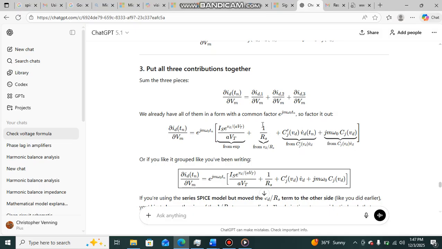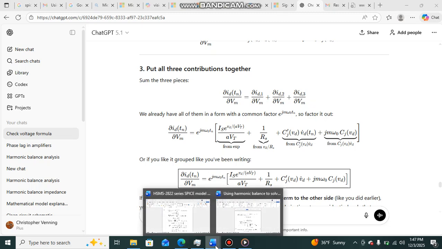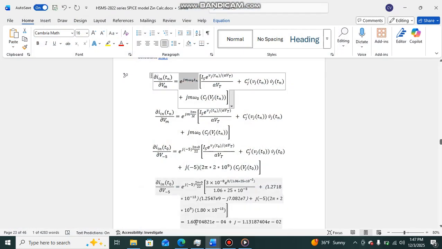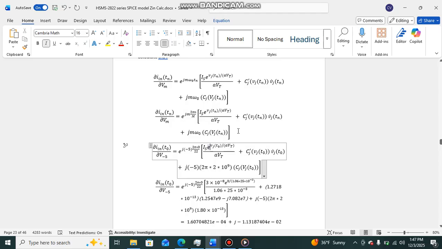So in our case we eliminated the RS for the series model, and you're just left with this equation here. Okay? And now we can plug in the values.